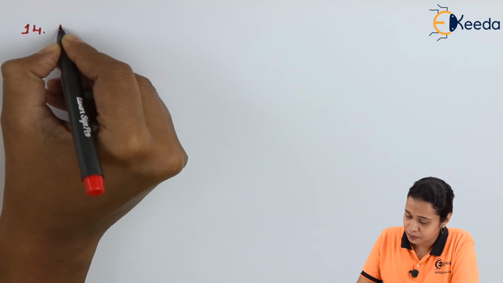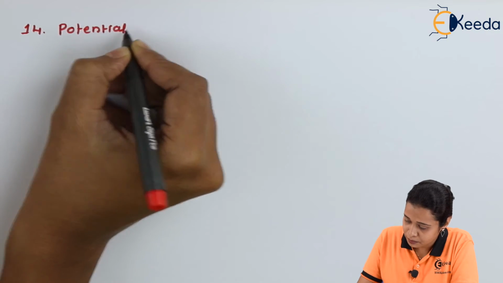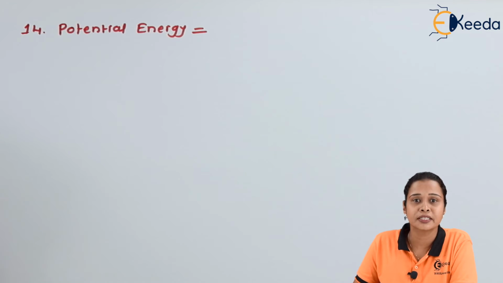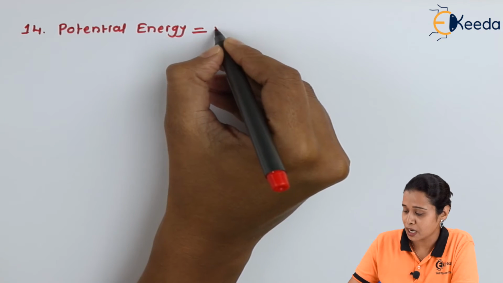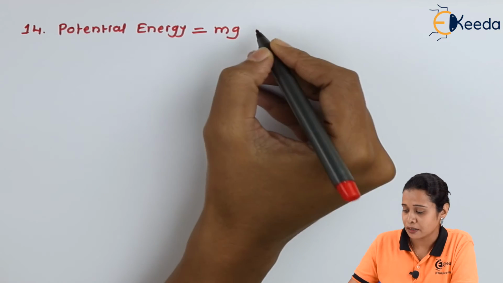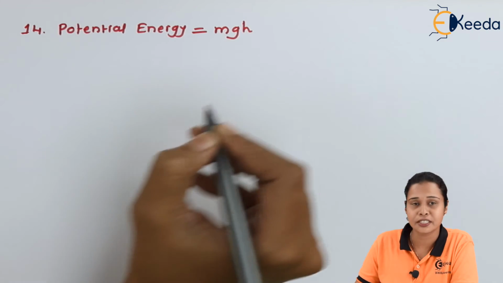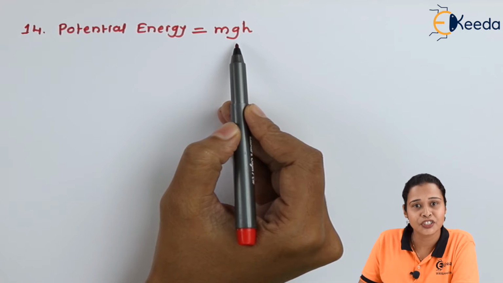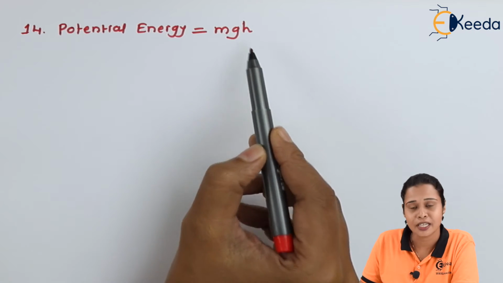Next physical quantity we will take is potential energy. We know potential energy is mgh, that is mass, g, and h is height. Here m stands for mass, g is acceleration due to gravity, and h is height.